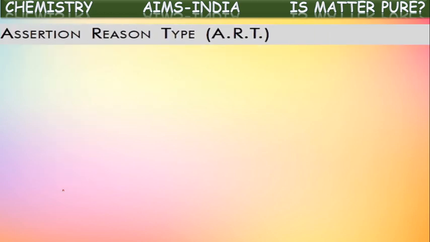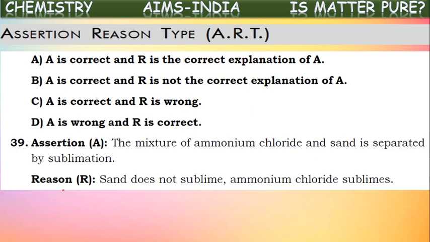Next, assertion reason type questions. The first question: a mixture of ammonium chloride and sand is separated by sublimation. What does sublimation mean here? The process in which a solid substance directly converts into gaseous form without coming into liquid state is called sublimation.